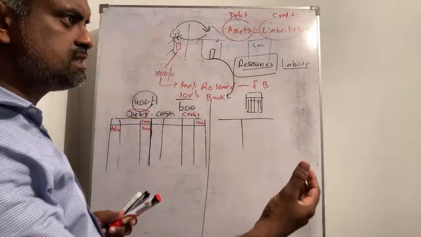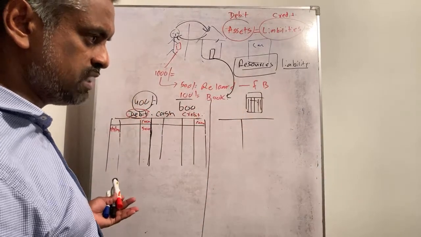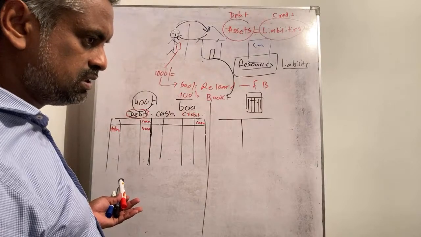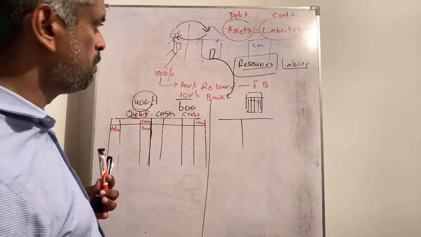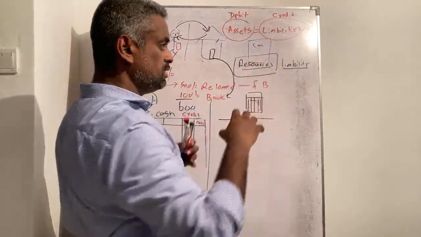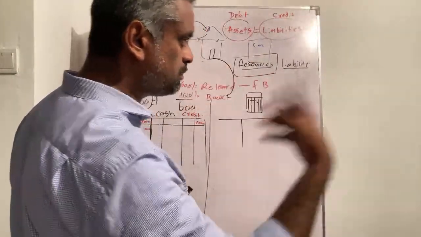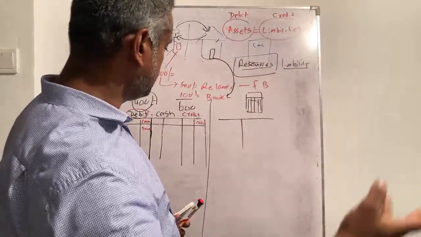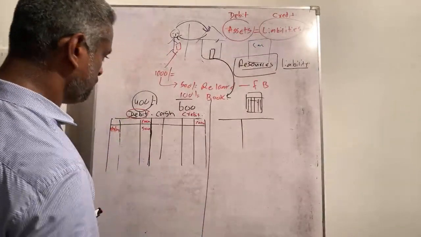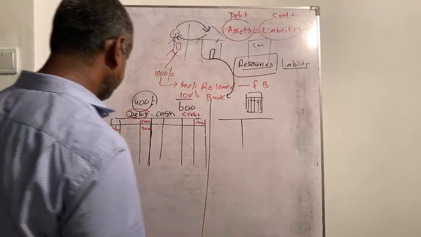Debit in the sense you will receive something. You have some resources then, right? You will have something inside the business. Liability in the sense you have to pay the obligation. You will have to pay something to an outsider in the near future, within some period, right?